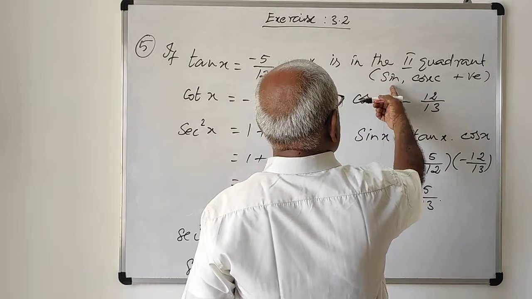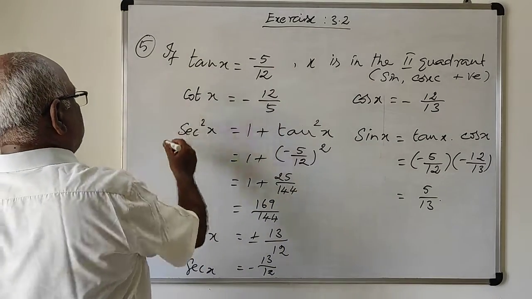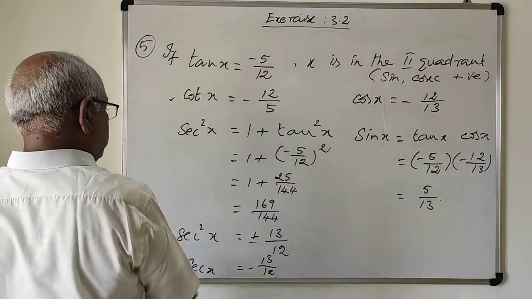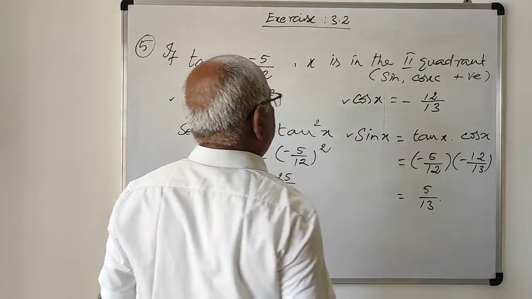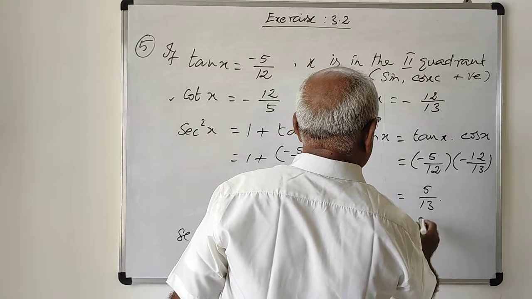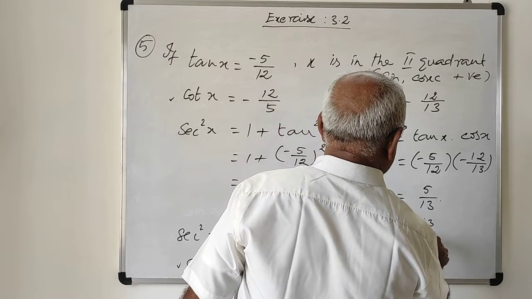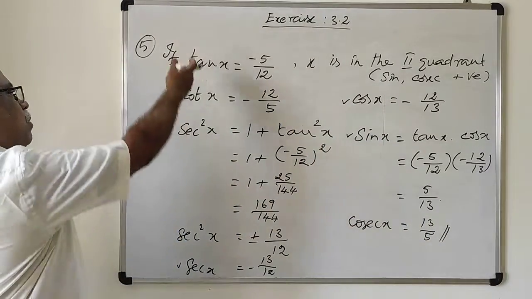Sin x is positive in the second quadrant, therefore we get 5 by 13 positive. So tan, cot, secant, cos, sin we have determined. Next, cosecant, the reciprocal of sin, is 13 by 5. So all 6 ratios we have determined for this problem.